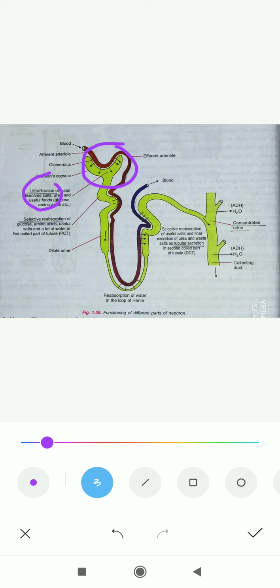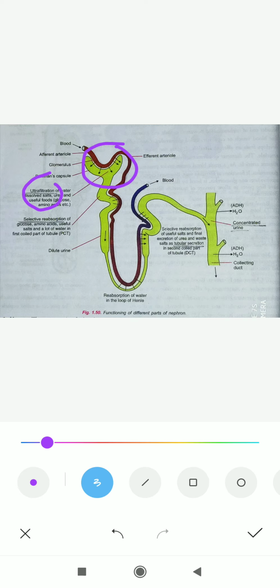During this filtration, the blood flows at very high pressure. As filtration is done under high pressure, this step is also known as ultrafiltration. The product which was filtered out into the Bowman's capsule is known as glomerular filtrate or nephric filtrate.